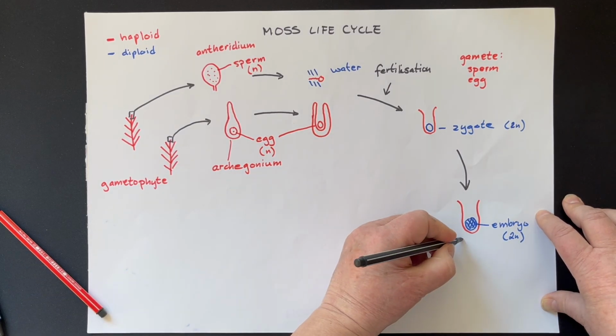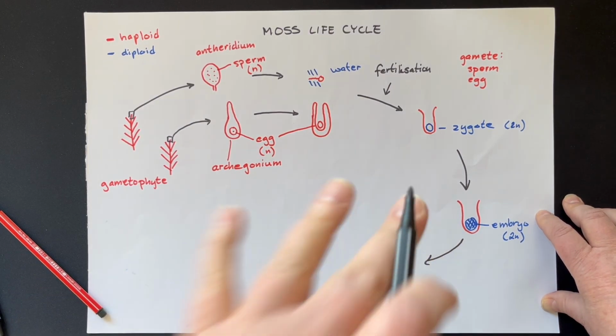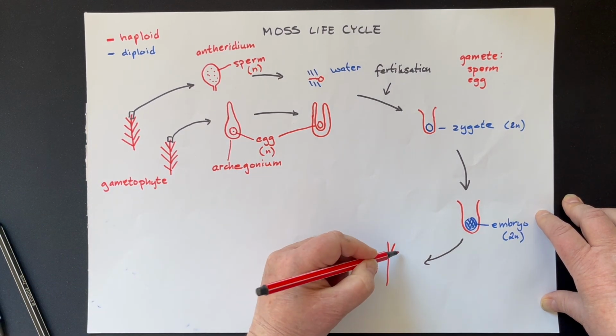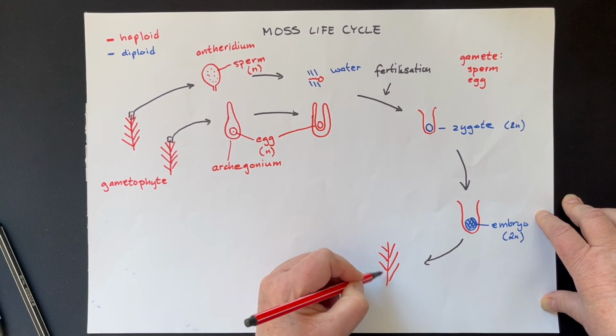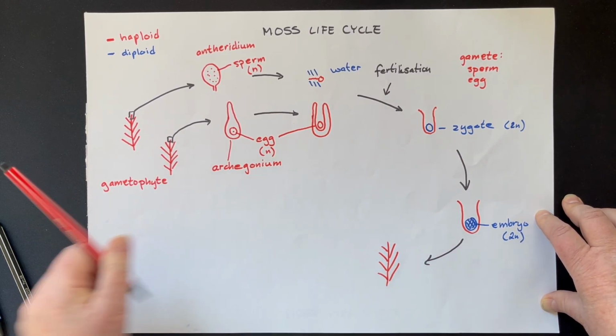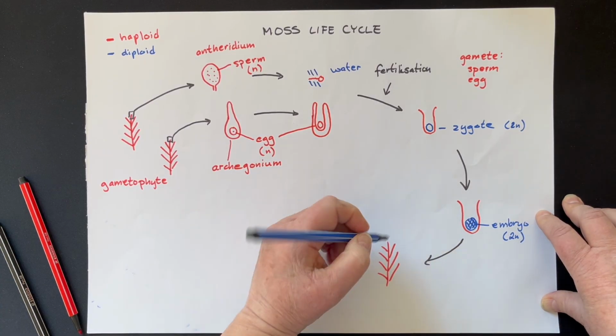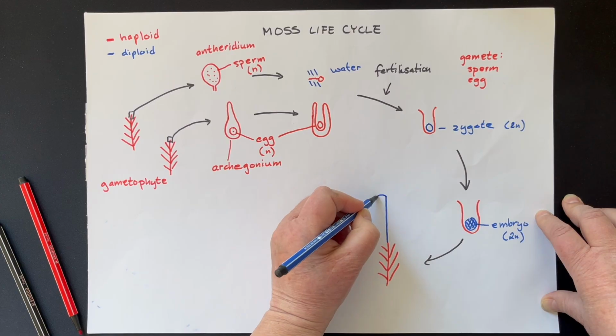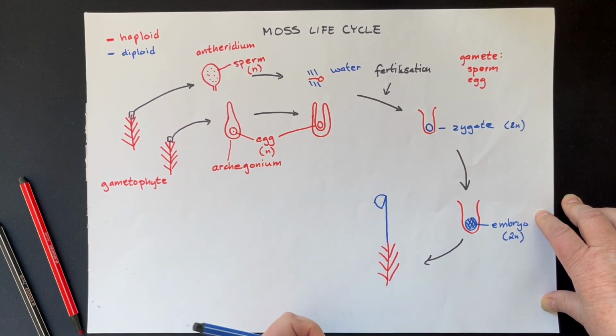This structure will continue growing, and if we zoom out again back to the green plants we see in nature, the green moss plants, we are now here, and this embryo is continuing growing, producing kind of a stalk and a new container.